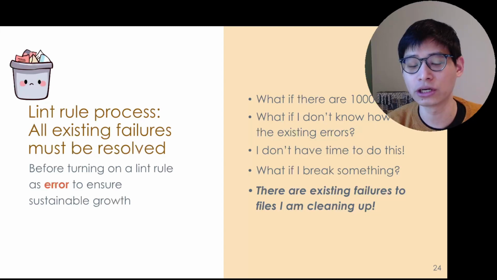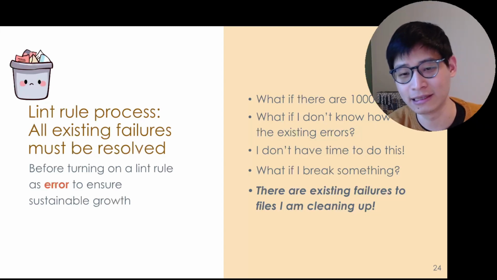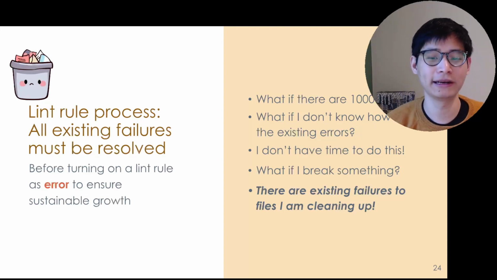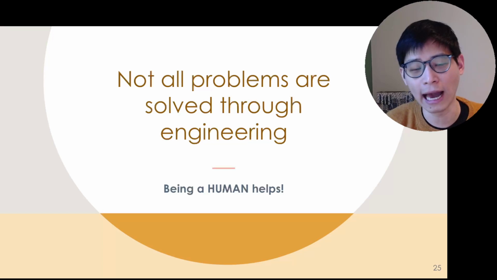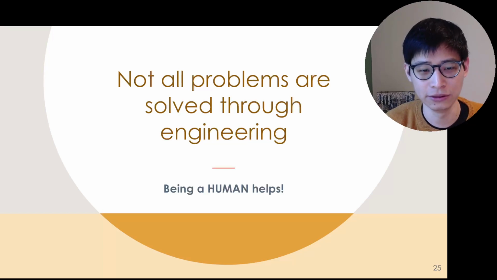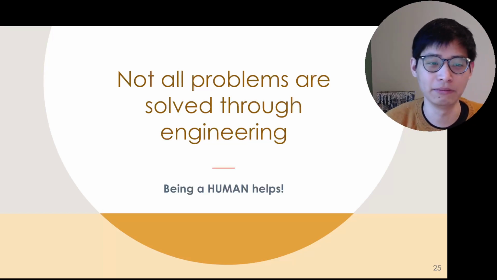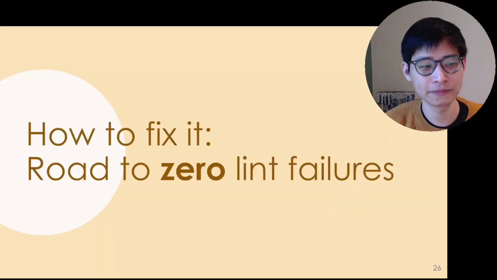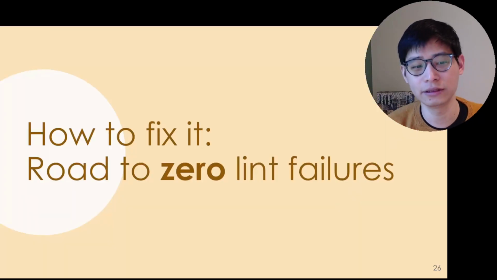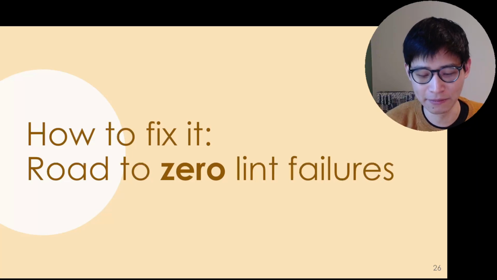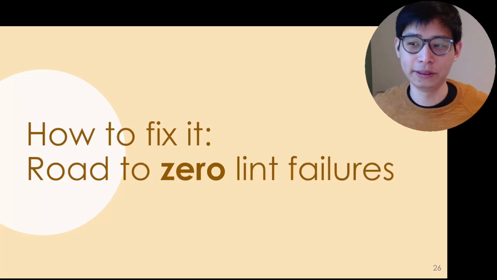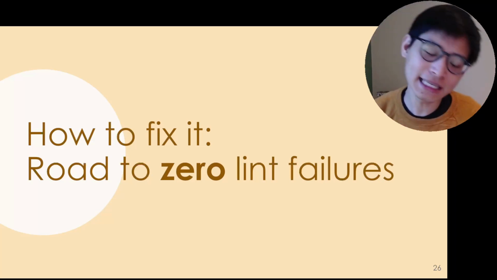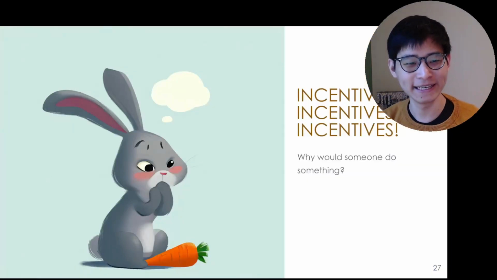They are not quite sure if fixing these lint failures would break the production app. So being human helps, and trying to understand how to incentivize engineers to fix these issues and make it more risk-free. So that's the road to zero lint failures. Resolving those 7,000 lint failures in a more risk-free way, or at least less risk.